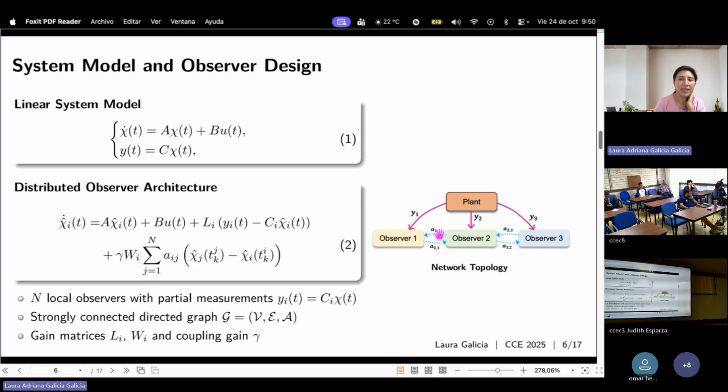As shown by dotted communication lines in the figure, neighbors exchange estimates only at the moments when an event occurs, not continually. This means that each observer uses the most recent reliable estimates received from neighbors rather than the latest available data, but our design ensures convergence through appropriate gain selection and a strongly connected directed network topology.